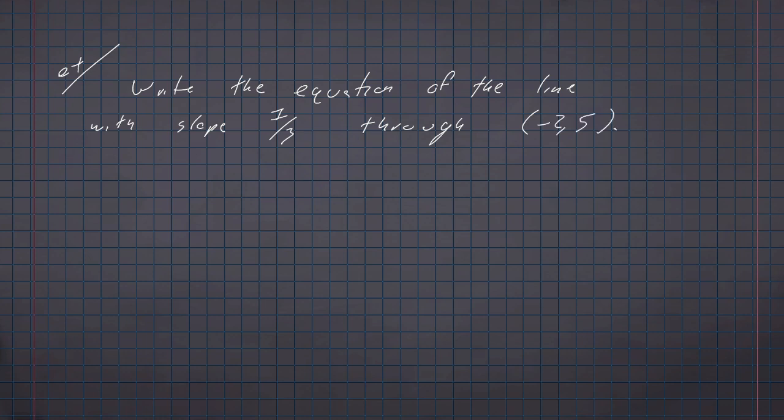I would like you to write the equation of a line whose slope is 7/3 and which goes through the point -2, 5. Hopefully this is something that you have worked through in the past, but you've seen an example now. So take the time to write out your solution here to submit, and I'll see you in the next video.